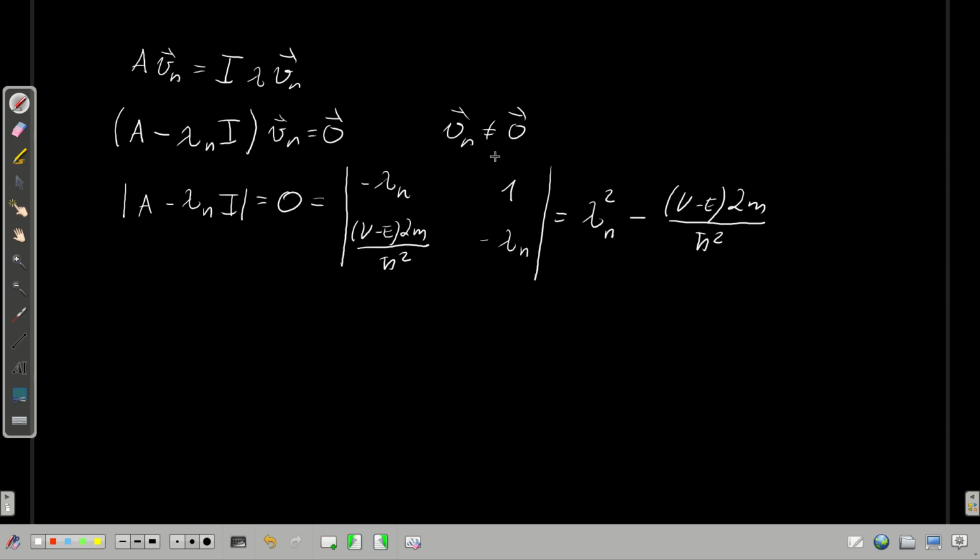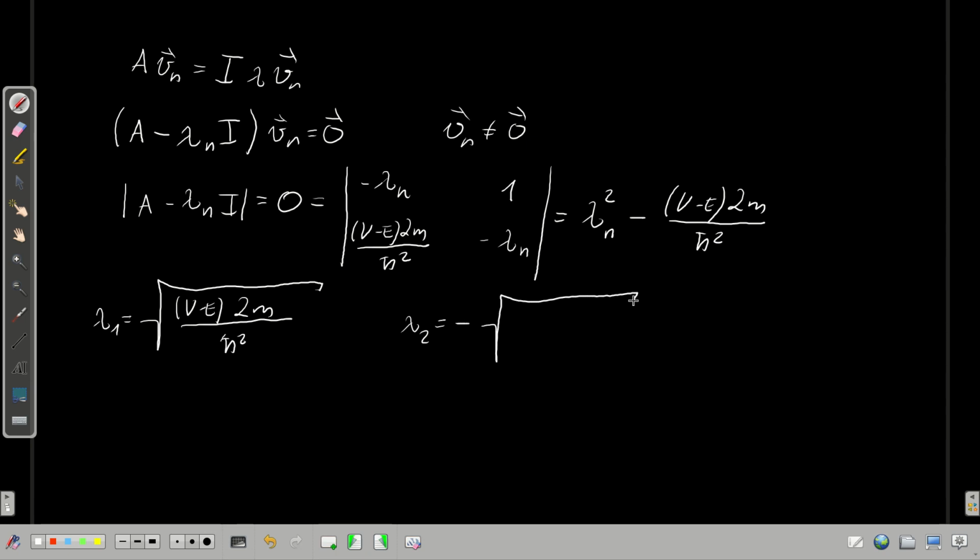And this polynomial here has two solutions. Let's call them lambda 1 would be the positive square root of V minus E to m over h bar squared, and lambda 2 equals same expression, just negative value in front.